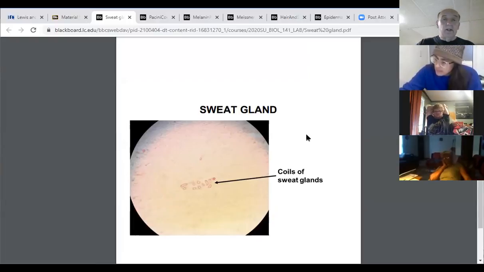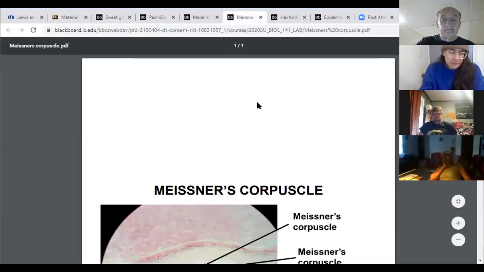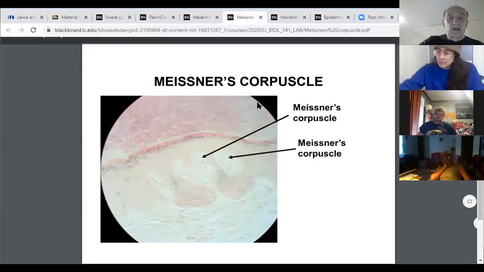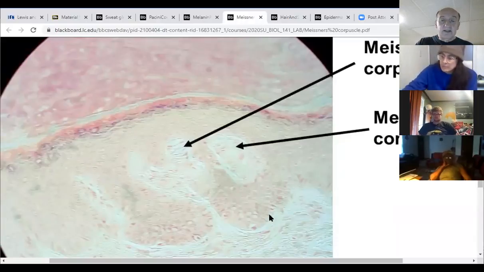So let's take a look at those sensory structures, and this will be probably the least visible. Let's take a look at the Meissner corpuscle. Here you see the entire epidermis, very similar to that epidermal layer slides, the stratum basale cells.